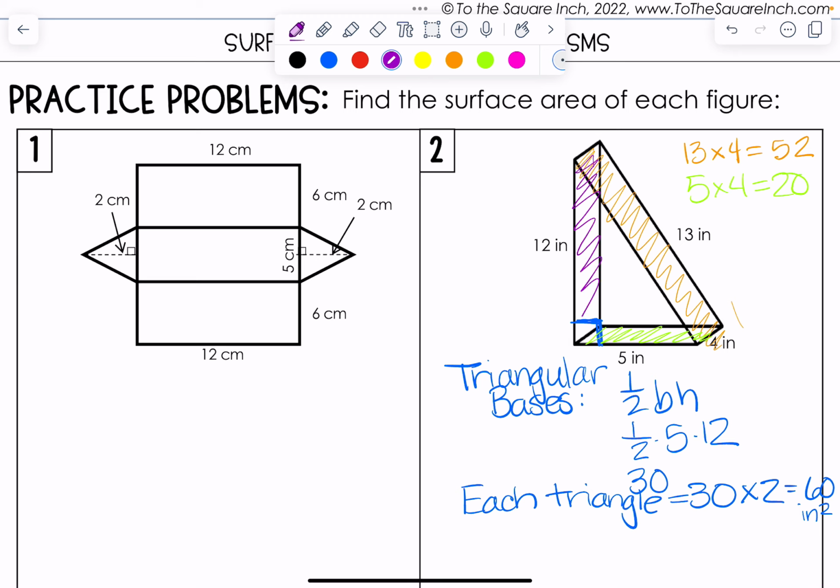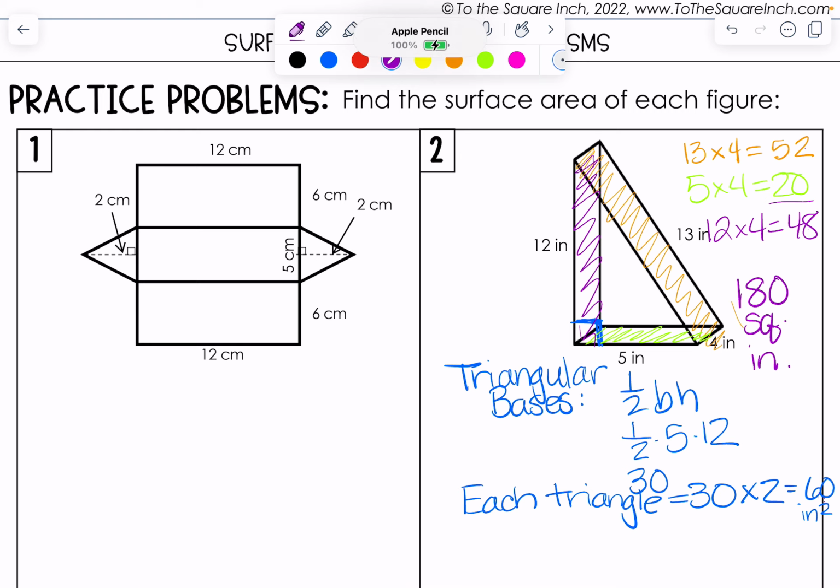And I'm going to have this rectangle over here. So those dimensions are 12 times 4 as well. So we get 48. And then I need to add up all of my areas. So the 52 and the 48 will give me 100, plus the 20 is 120, plus those 2 triangular bases for a total of 60. So altogether, this would be 180 square inches.